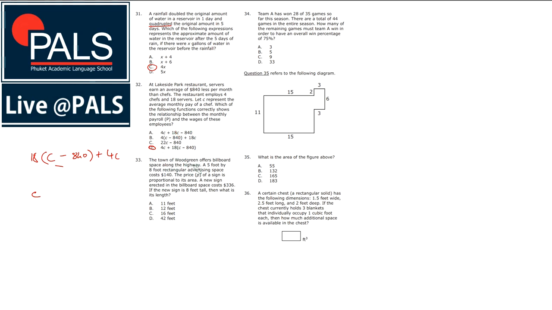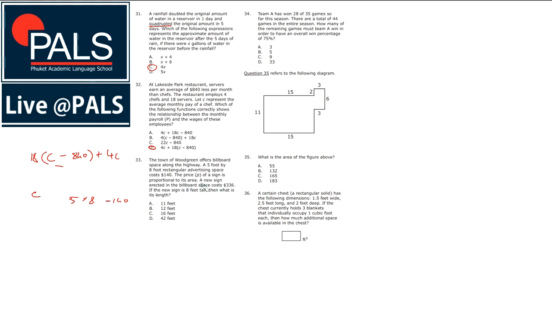The town of Wood Green offers billboard space along the highway. A 5-foot by 8-foot rectangular advertising space costs $140. The price P of a sign is proportional to its area.